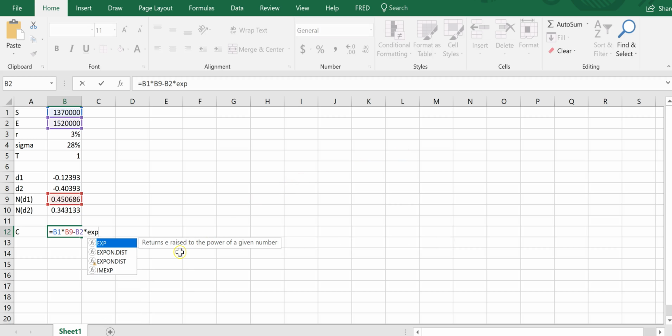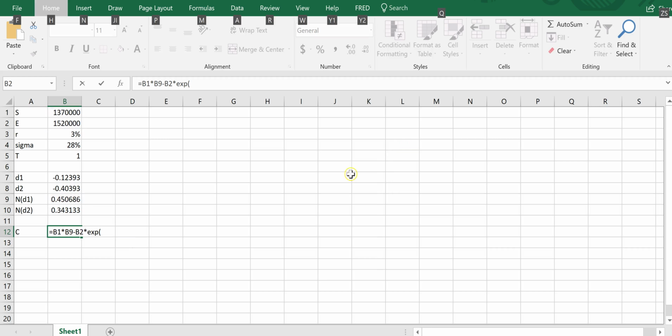So it returns e raised to the power of a given number. So e is the base of the natural logarithm, 2.718281 and an infinite number of decimal places. So it's an irrational number, right? And that's exp.